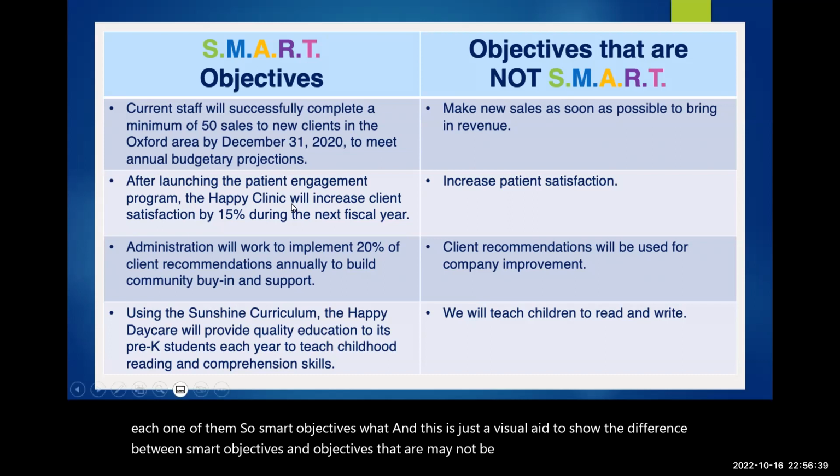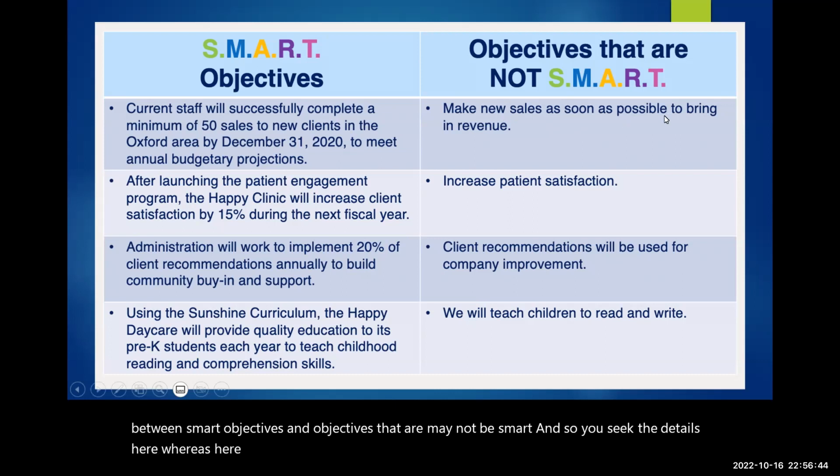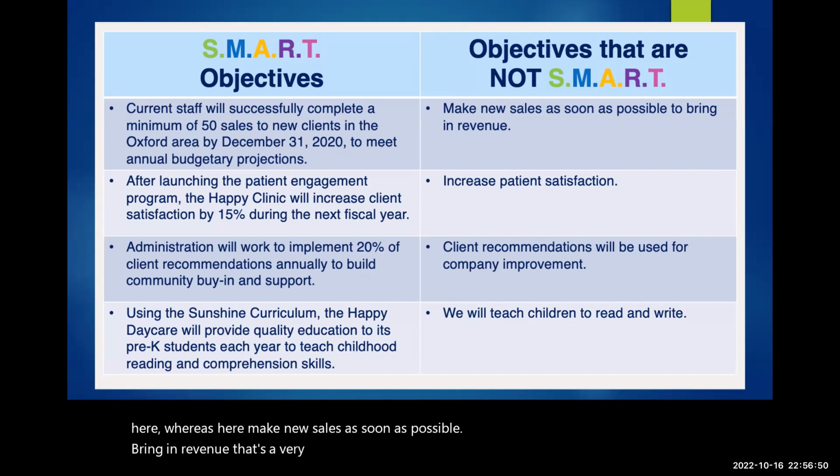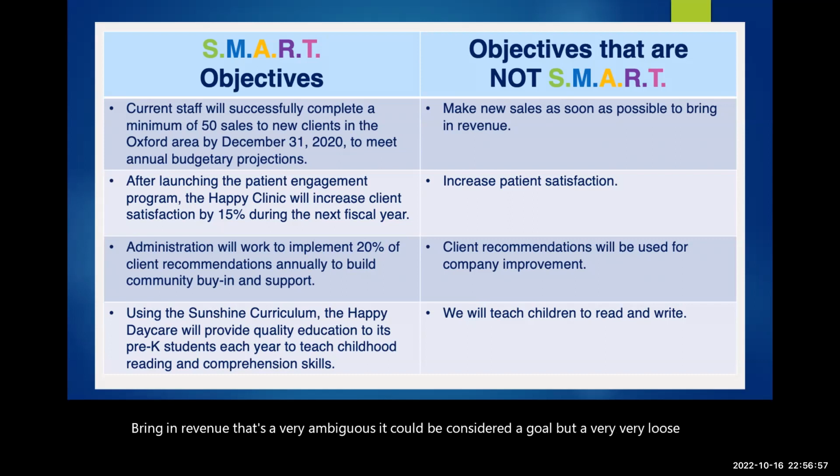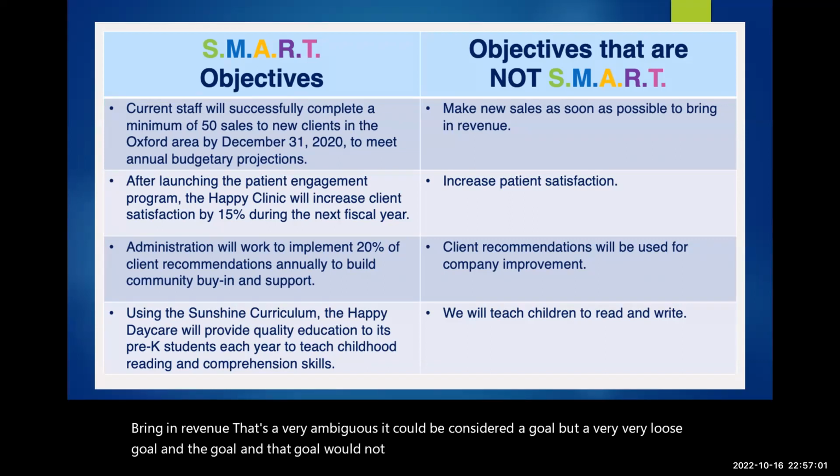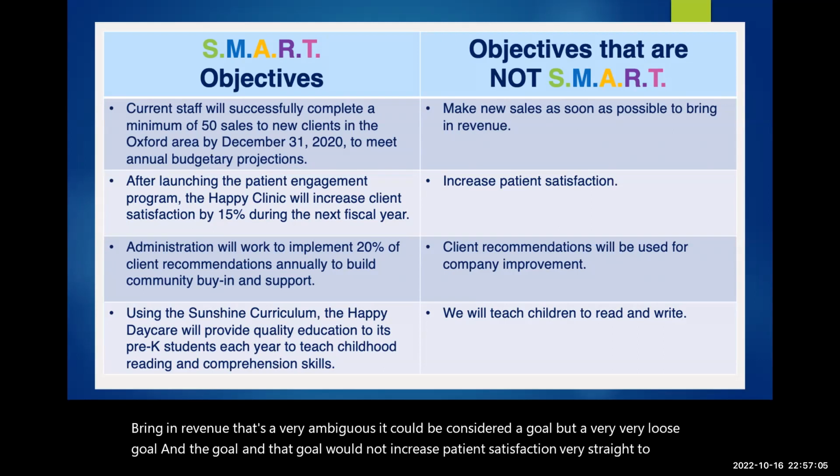And so you see the details here, whereas here, make new sales as soon as possible to bring in revenue. That's very ambiguous. It could be considered a goal, but a very, very loose goal, and that goal would not increase patient satisfaction. Very straight to the point.